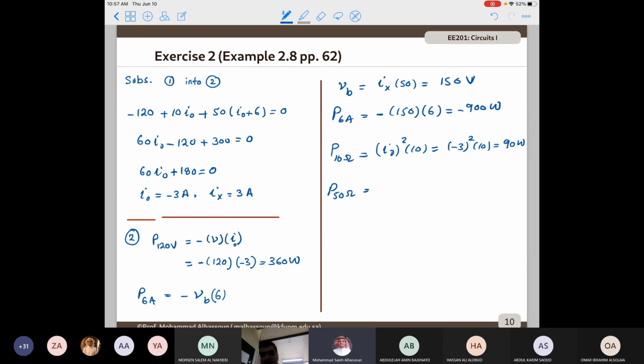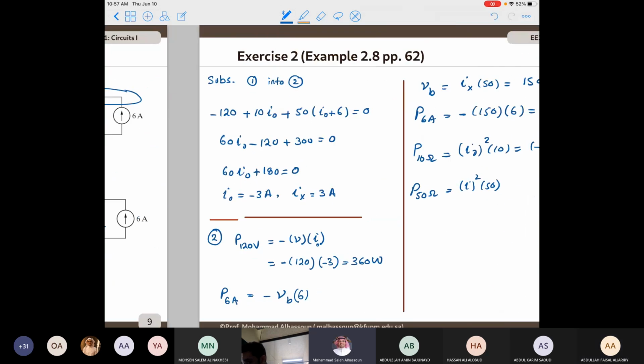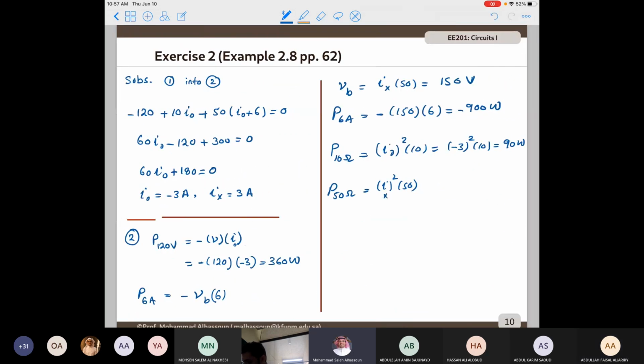So who's going to help me with the 50? Abdullah al-Jariri. Yes, it will also be I squared times R, times 50. What is I squared here? It's 3, okay, Ix. So it's going to be 9 multiplied by 50, and this is going to be 450.